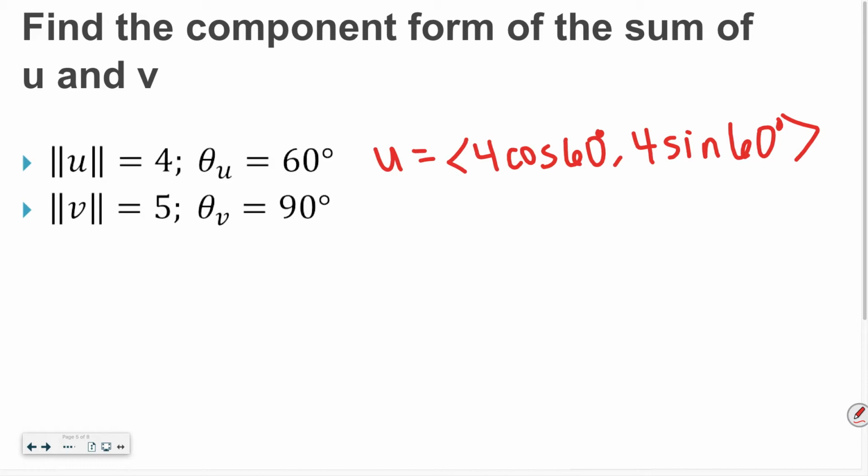I was mixing up 60. Oh, I'm mixing it up with 30 degrees. It's 1/2. Okay, you feel better about that one? Okay. 4 times 1/2 would then be 2. And if the cosine of 60 is 1/2, then the sine of 60 is radical 3 over 2. Times 4 is our 2 radical 3. Okay. Since we have a unit circle angle, I want you to keep them exact.